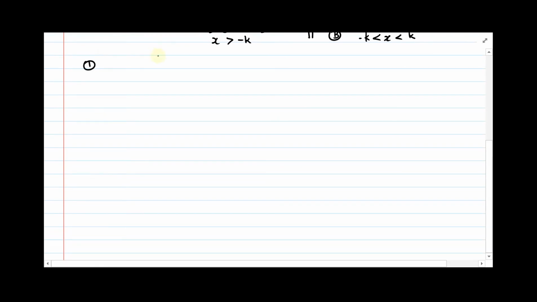Okay, suppose we had: solve and graph the following. The absolute value of x plus 1 is greater than or equal to 3.